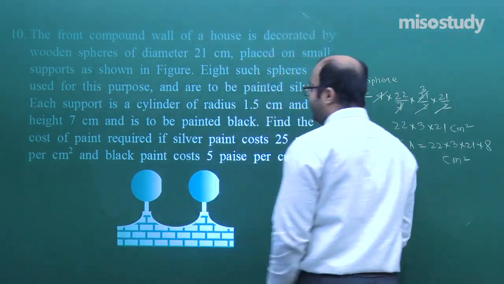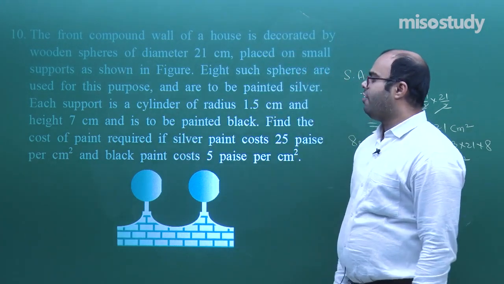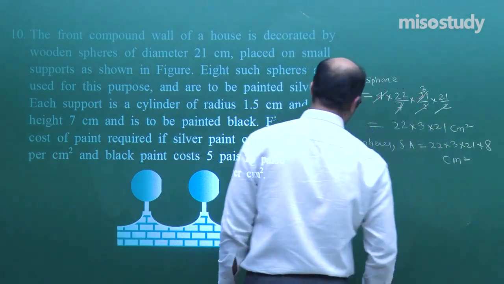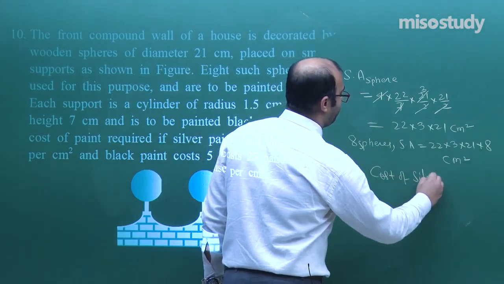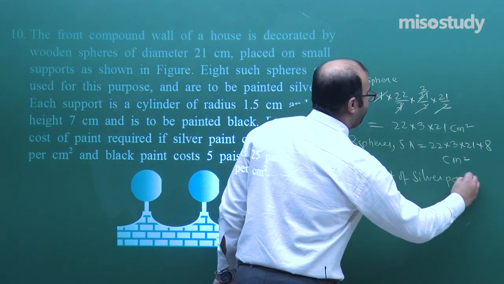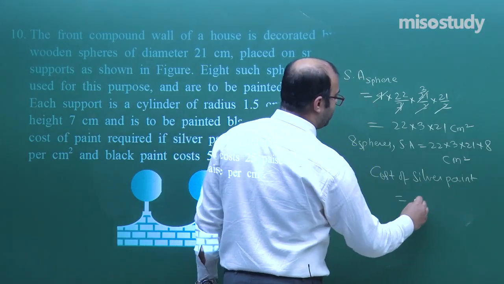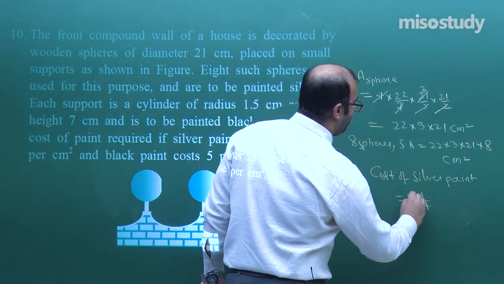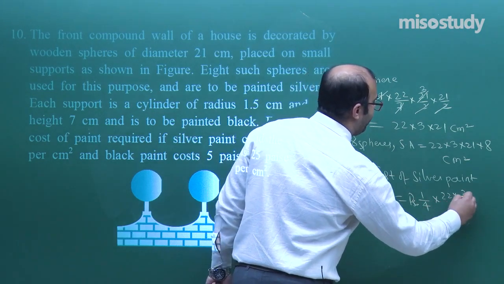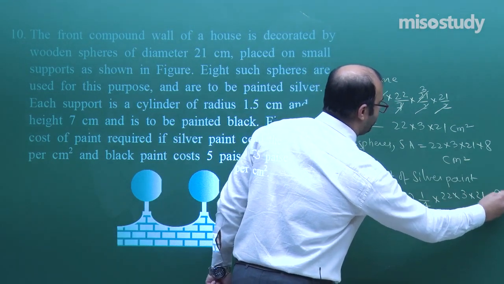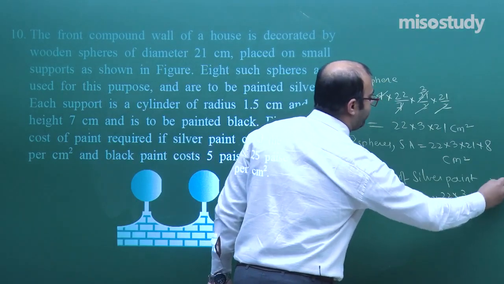Now, the silver paint cost is given as 25 paise per centimeter square. So, the cost for silver paint will become, 25 paise means 1/4 rupees. So, we will do 1/4 here, changed into rupees, into 22 into 3 into 21 into 8. So, this will become 4 into 2, 2.